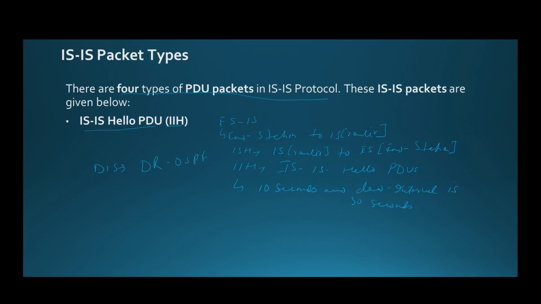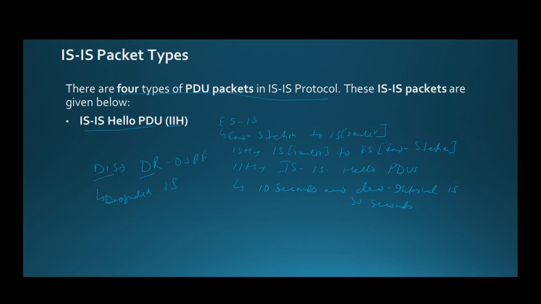So like the way we elect a designated router in OSPF, similarly we elect a designated intermediate system in ISIS. And this is to reduce the number of adjacencies in a multi-access network.